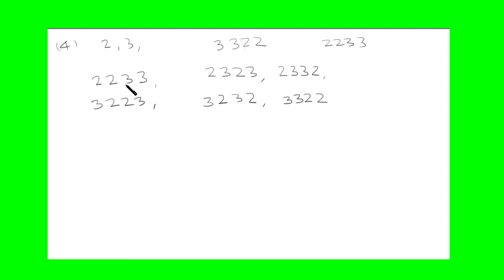So the total numbers we can make using these 2 digits, repeating an equal number of times, are 2233, 2323, 2332, 3223, 3232, and 3322.